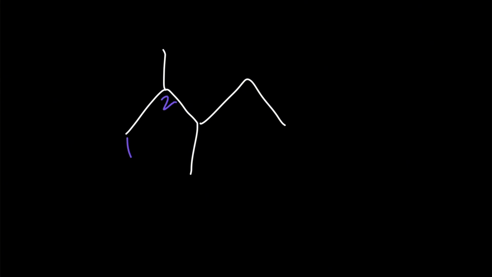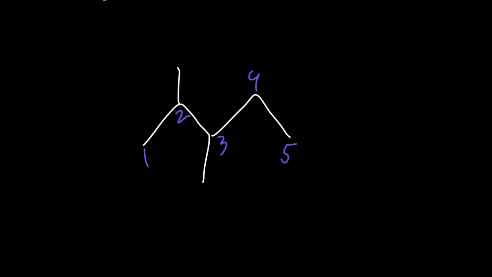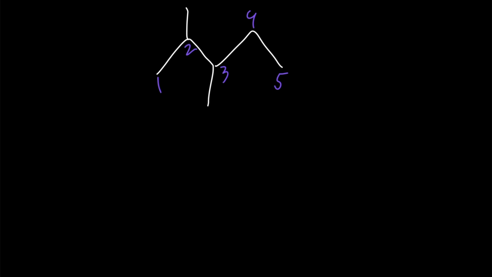Okay? Now, if I were to give you another example of this, when naming it, you want to find the largest parent chain. So we could do 1, 2, 3, 4. But notice how if I were to go over here and do 4 and then 5, this one will be longer. So this is the parent chain. But it's also important to note that we can count it from the opposite side.